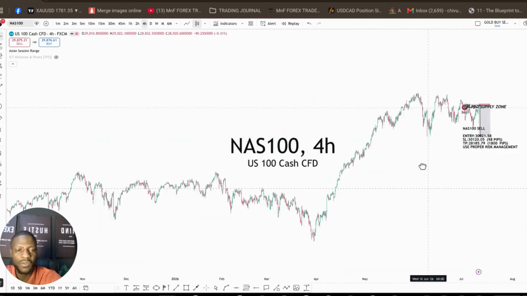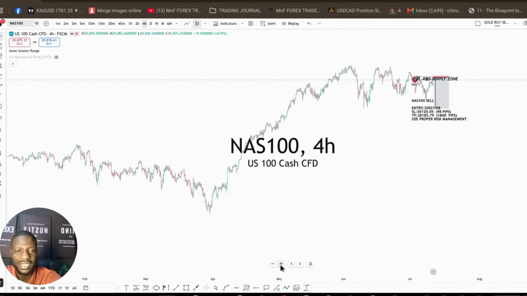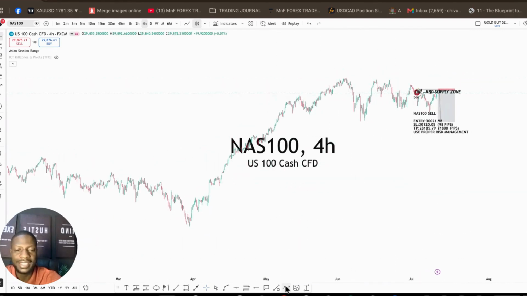So you can see that overall the market has been bullish. We can't dispute that. You can see that the market has been forming higher highs and higher lows, higher highs and higher lows, and we started having a change right here. The market failed to break that high. We created a bit of a higher low, then the market also failed to break that high right there, and then we started to actually see the market shift to the downside.